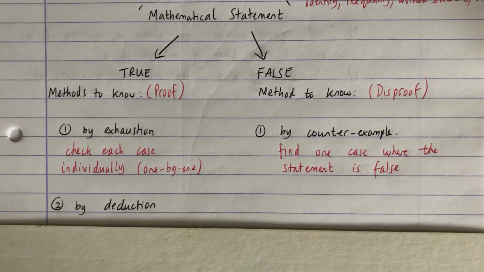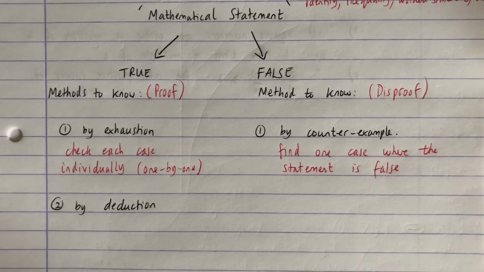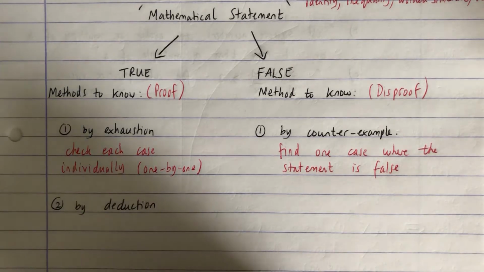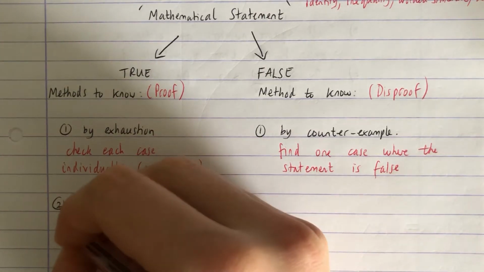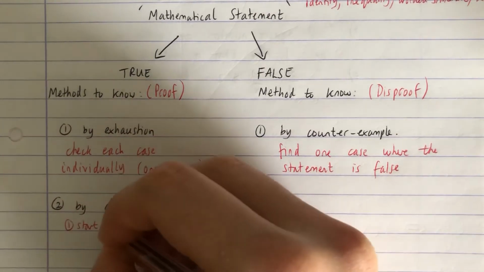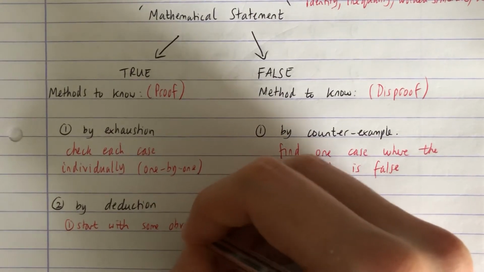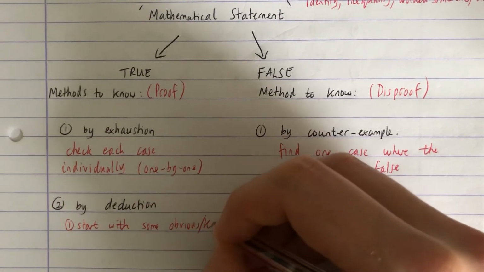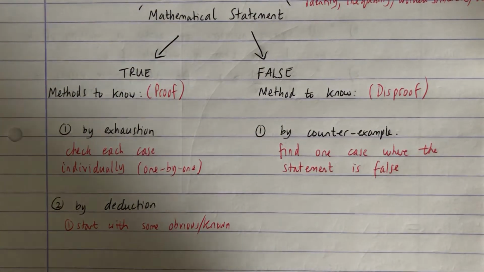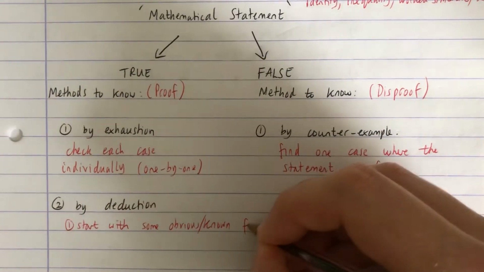Their favorite type is by deduction, and this is the one which comes up most often. And with this, you start with some obvious or known mathematical statements, facts.